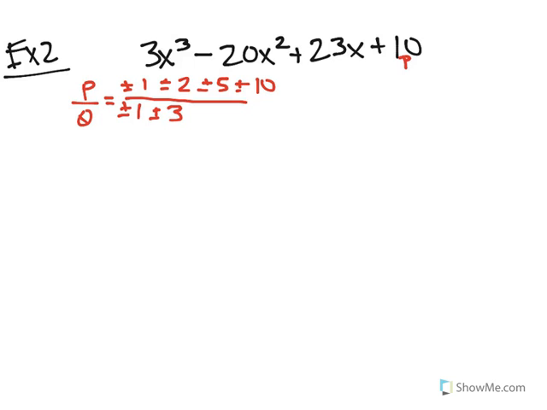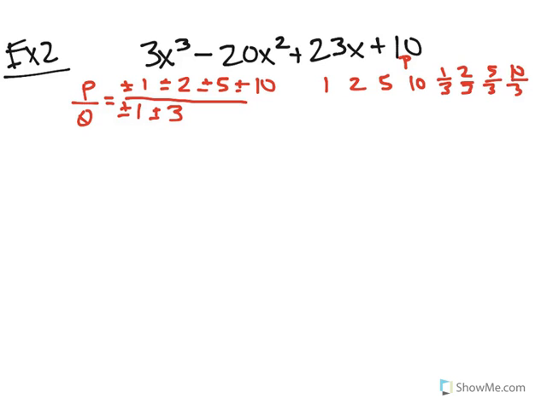So I have, potentially, 1, 2, 5, 10, and now I put everything over 3 as well. And I have 1/3, 2/3, 5/3, and 10/3.